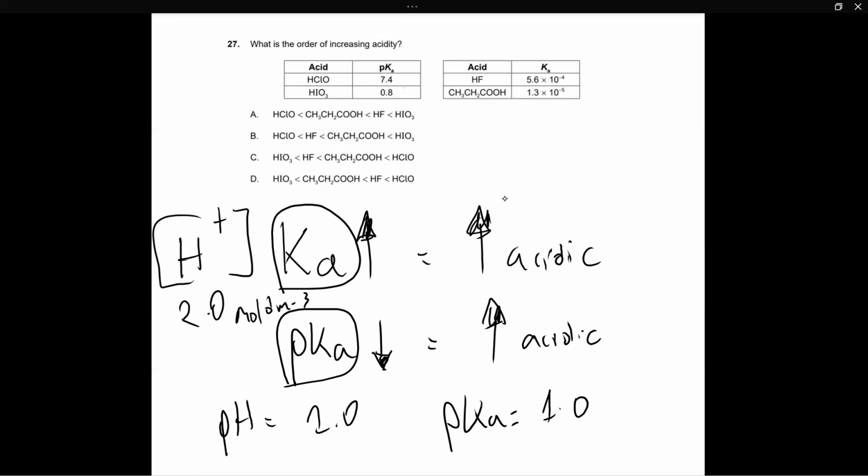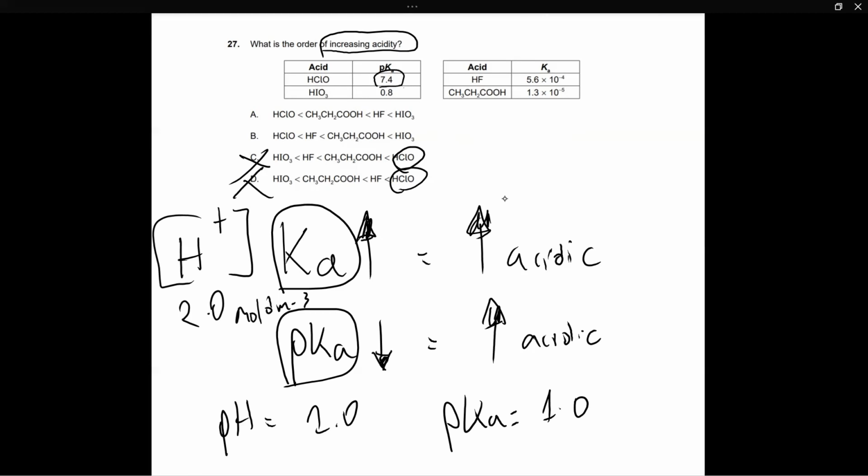And from this, we can immediately eliminate C and D. Why? Because remember, it is increasing acidity. So the substance on the far right should be the most acidic substance. And they have said that HClO is the most acidic substance. That is completely wrong, because look how high the pKa is.